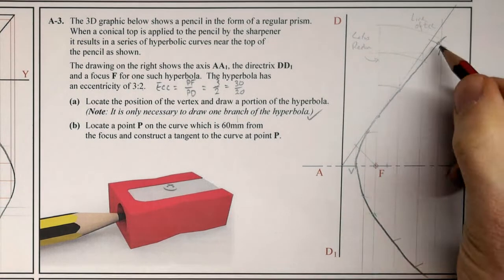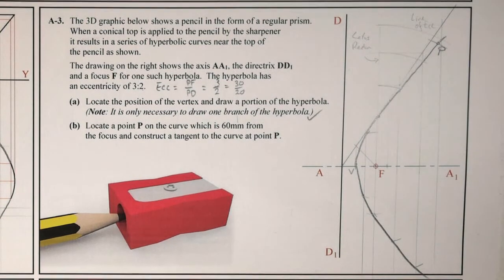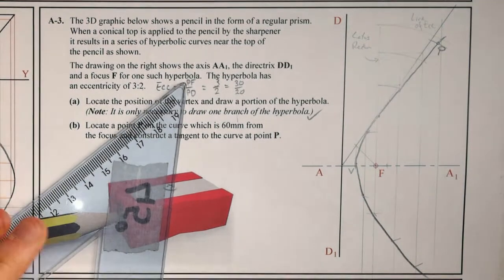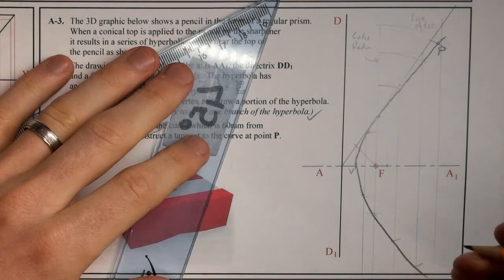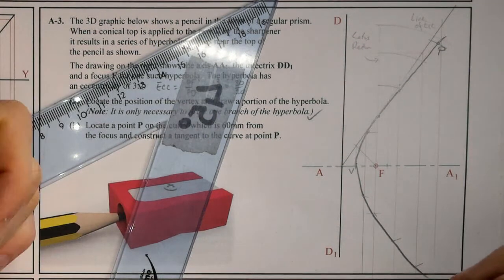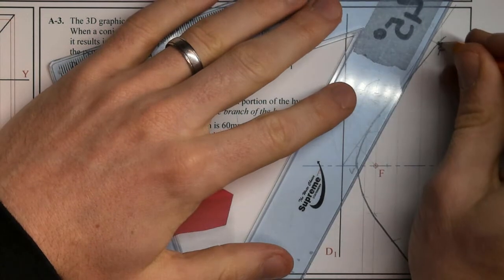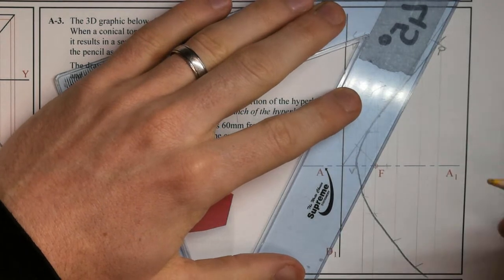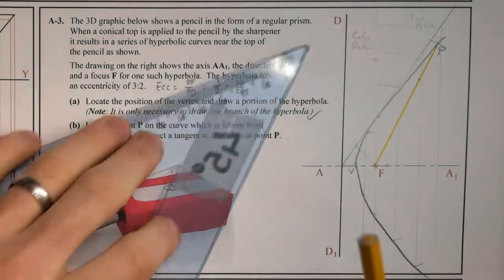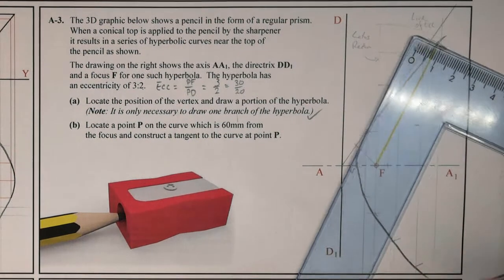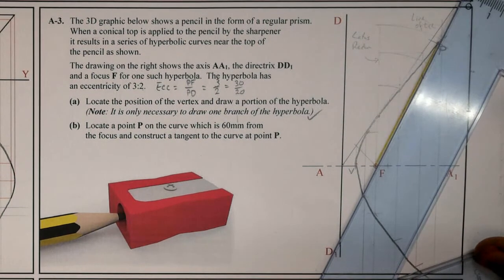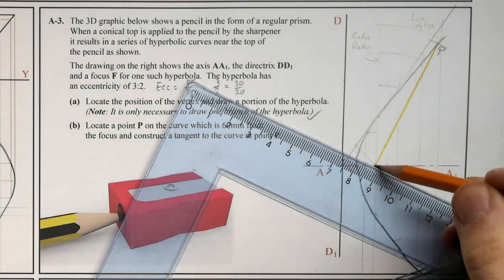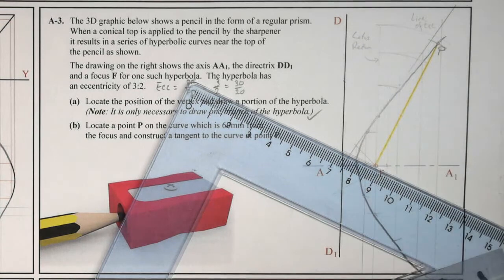Okay, and I want to draw a tangent to that point. Now there's a number of different techniques or methods you can employ here, but I like to use a consistent method that works for all conics: ellipse, parabola, hyperbola. So I'm going to join P to F. Just highlight this so you can see it. Okay, and if I go 90 degrees to that line back from F until I hit my directrix, so highlight that.